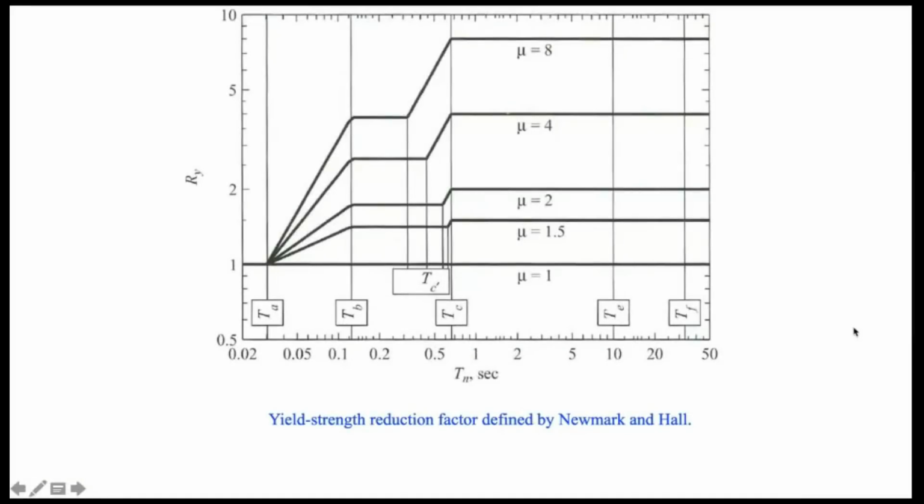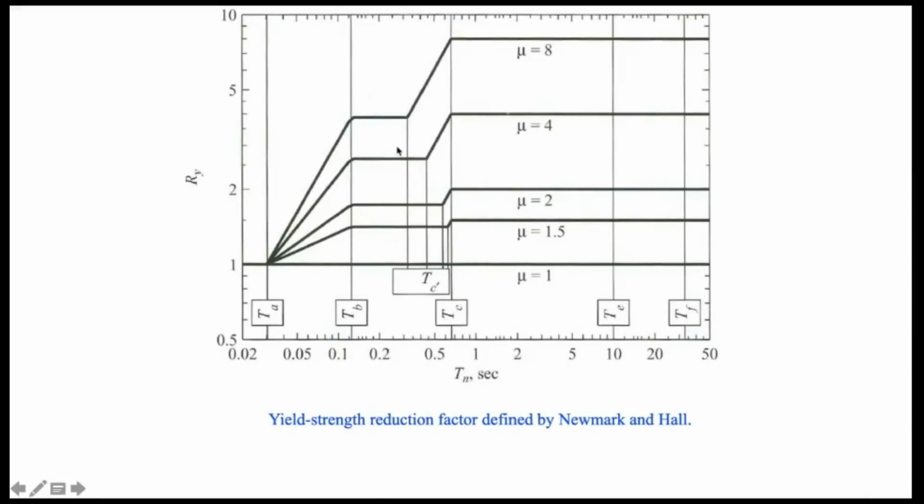Okay, so if you have a vibration period less than Ta, it's 1. Between Ta and Tb, it's a linear line defined by the square root of 2 mu minus 1. And if you are between Tb and Tc, it becomes constant, then it changes with a certain slope, okay, and then it reaches that R mu is equal to mu, that ductility.